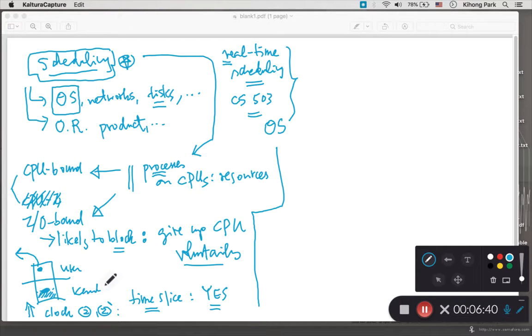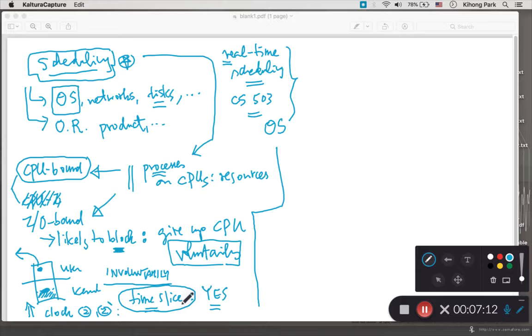So in that case, the key thing is that the process is being involuntarily context switched out. This is different from this IO bound guy who voluntarily gives up the CPU because it's making a blocking system call. In this particular case, this guy is likely to be a CPU bound guy because it ate up all of its time slice.